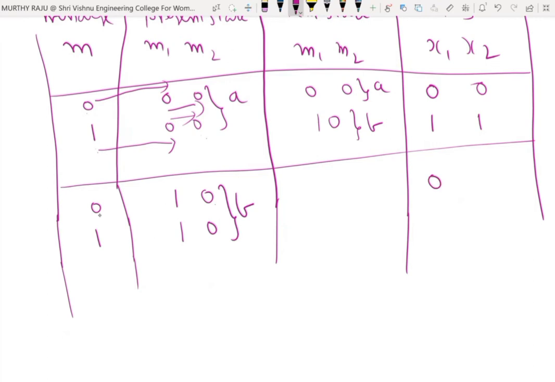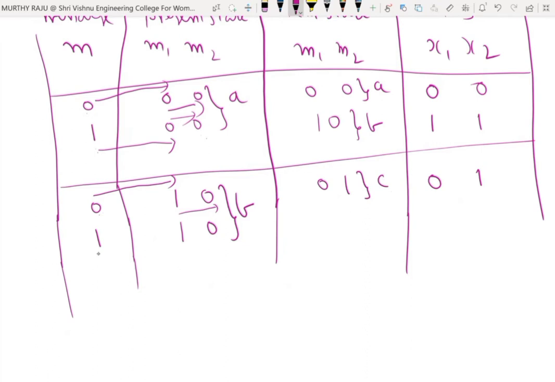X2 is equal to an exclusive OR operation on these 3 bits. 0 exclusive OR with 1 is 1, 1 exclusive OR with 0 is 1. For the shifting operation, the M value 0 is shifted to M1, and the M1 value 1 is shifted to M2. That means 0, 1. Let it be C.